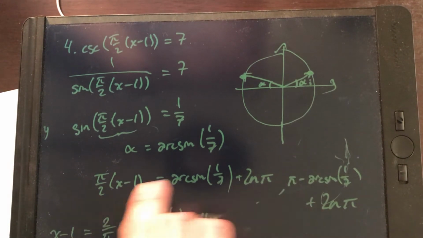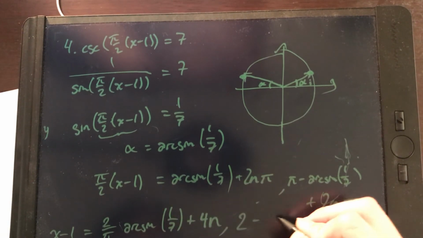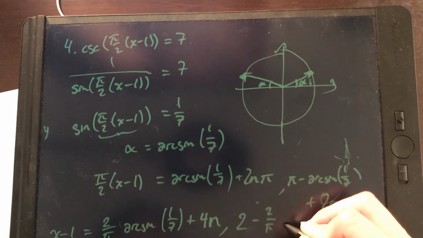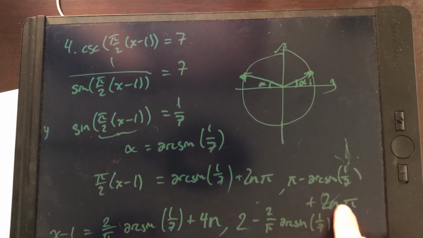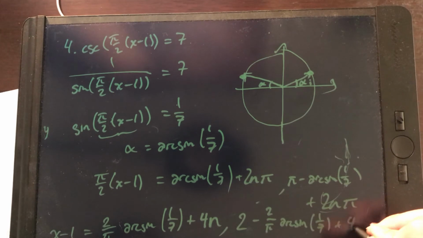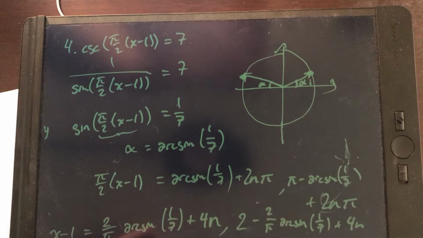Over here we have 2 minus 2 over pi inverse sine 1/7, and don't forget these multiples of 2n pi is also 4n, and that's actually still not our general solution. We want to isolate x. X is equal to 1 plus what we have here, and 3, because I add 1 to the 2, and whatever we have here. Just bring that down. I'd like to get through a few more problems.